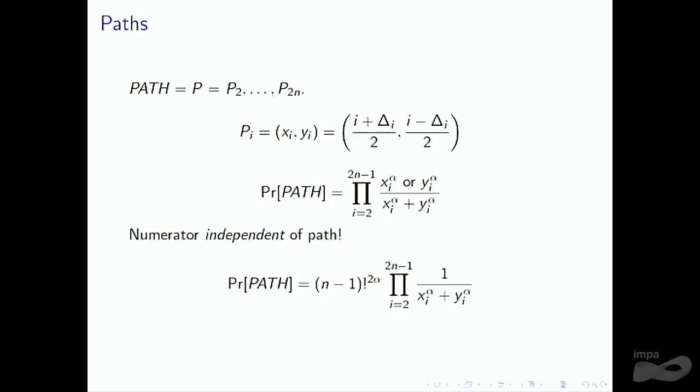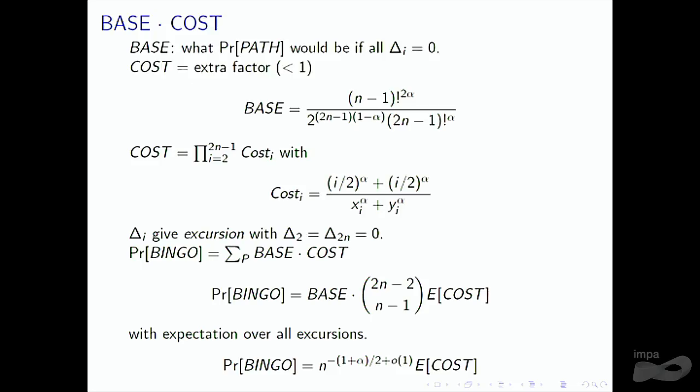Okay, so we're still exact here. Now we want to look at this denominator, and we'll split it into a base times a cost. Cost is perhaps not the best word because it's going to be less than 1. So the base is what the probability would be if the ith point was the point (i over 2, i over 2).